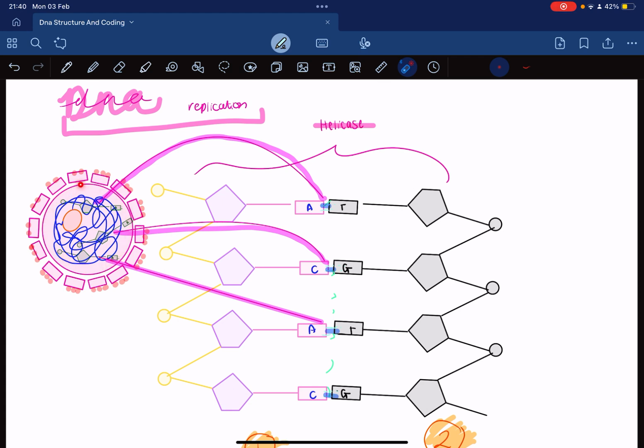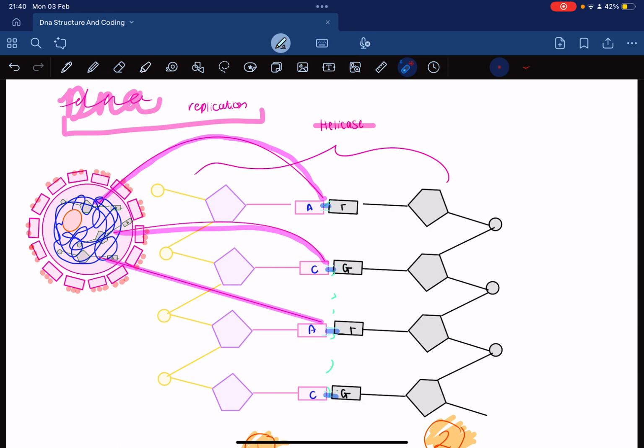It is formed in the nucleoplasm and uses DNA as a template. What mRNA is going to do is carry genetic code from the DNA in the nucleus to the ribosomes in the cytoplasm. So here.